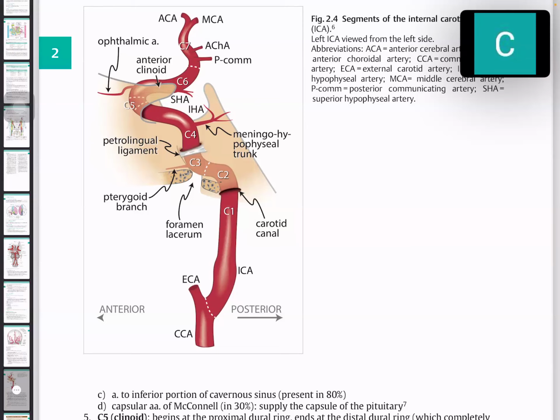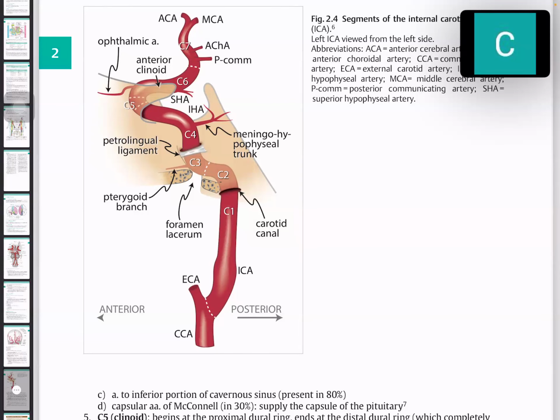It also vascularizes the trigeminal ganglion. It also vascularizes the two dural venous sinuses, the petrous sinuses. And it also gives the inferior hypophyseal artery, which will vascularize the neurohypophysis, or the posterior pituitary gland.